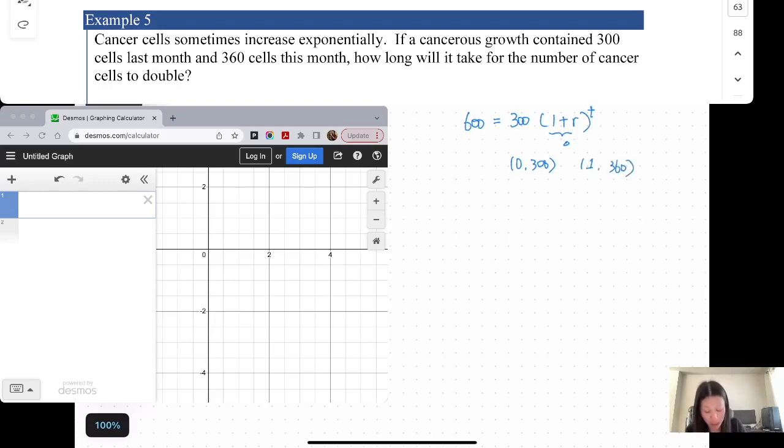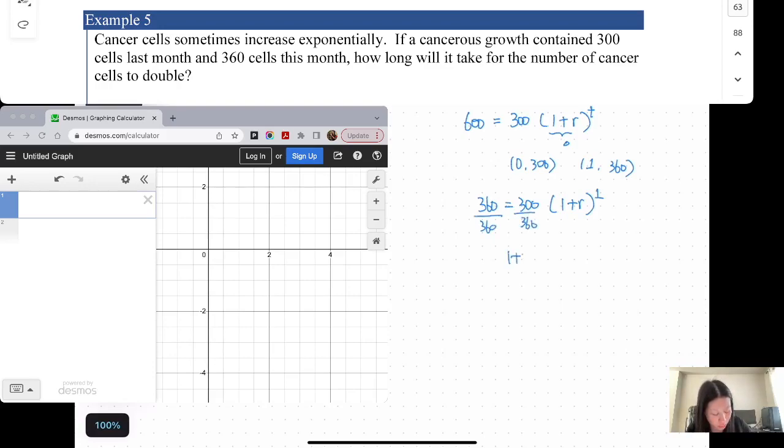Well, we can plug in our growth function to find out about our r, the rate, or the 1 plus r. So 360 equals 300 times 1 plus r to the time, which is 1, because it takes 1 month. So now it's easier to calculate. We divide 300 on both sides.